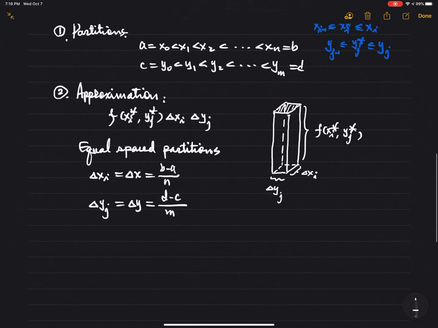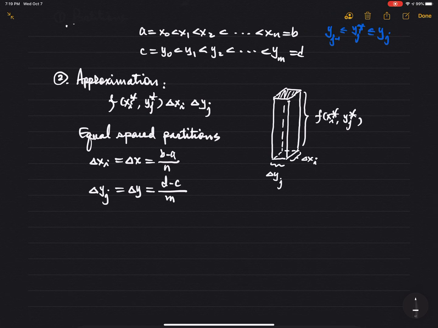Okay, so that's like this. And then with the third step, we just do summation.